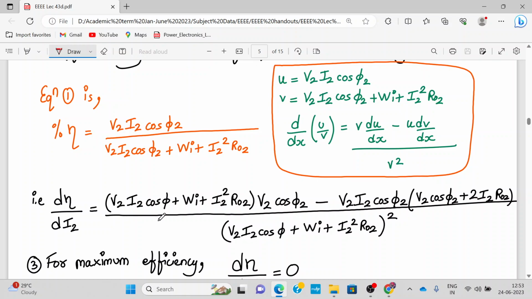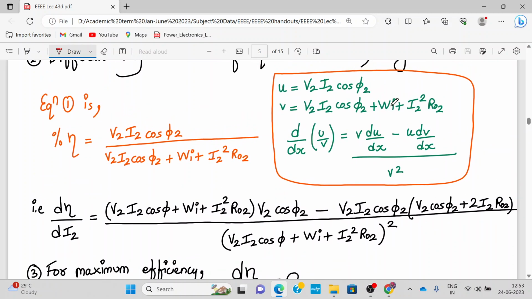So similarly, we apply it here. We write v as it is, into du by dx. This is u, so V2 I2 cos phi 2. Differentiation with respect to I2 gives V2 cos phi 2. Minus u, which is V2 I2 cos phi 2, into the differentiation of v with respect to I2, which gives V2 cos phi 2 plus WI plus twice I2 RO2.